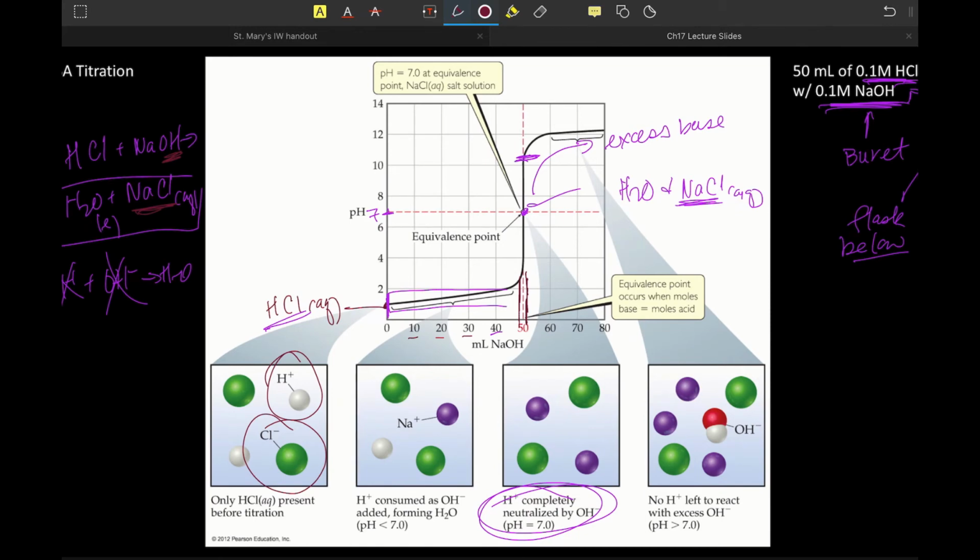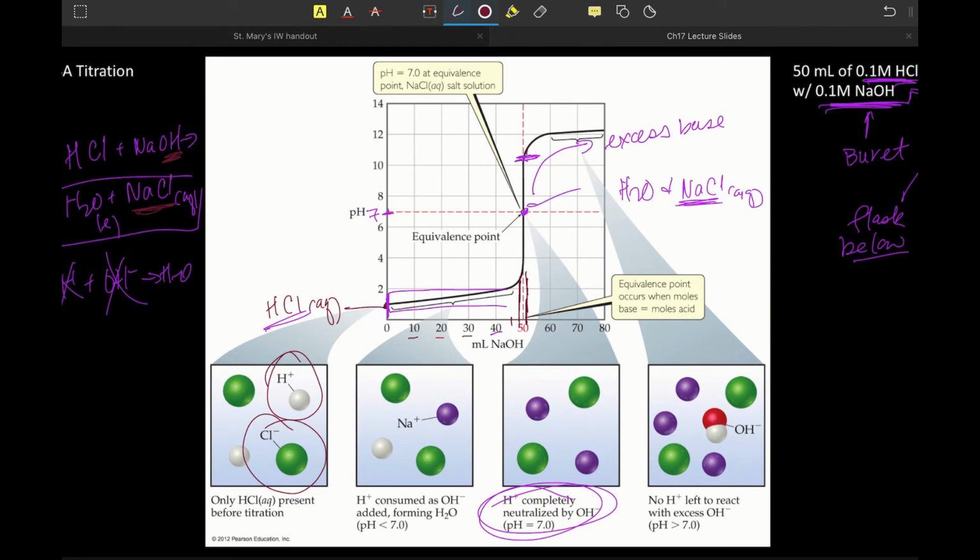If this is 40, this is 45, so we are talking less than a milliliter. The difference between the beginning of this steep rise and the end of this steep rise is less than 1 milliliter, which is why finding that endpoint is so challenging, and requires you to be quite meticulous in order to do a very good job. Yes, does that make sense?